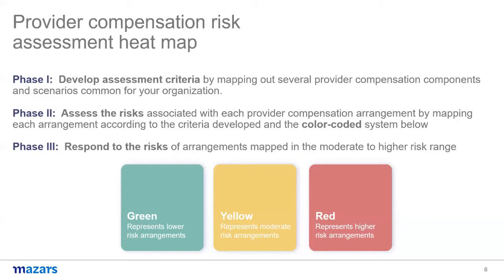And then phase two would be assessing those risks associated with each compensation arrangement and map them out according to the criteria developed and using the color-coded system below. And then phase three would be responding to the risk. So that would be anything that you see in the moderate or high risk range. You would want to start managing and mitigating those risks and reviewing those provider compensation contracts.